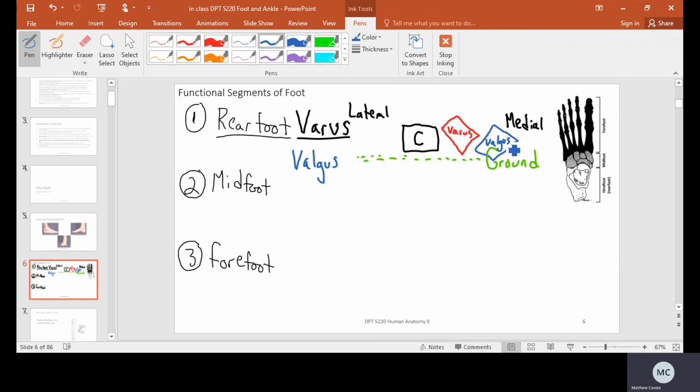What happens to the rest of my foot? With rear foot valgus, my first metatarsophalangeal joint is on the ground, and my fifth metatarsal is up in the air.